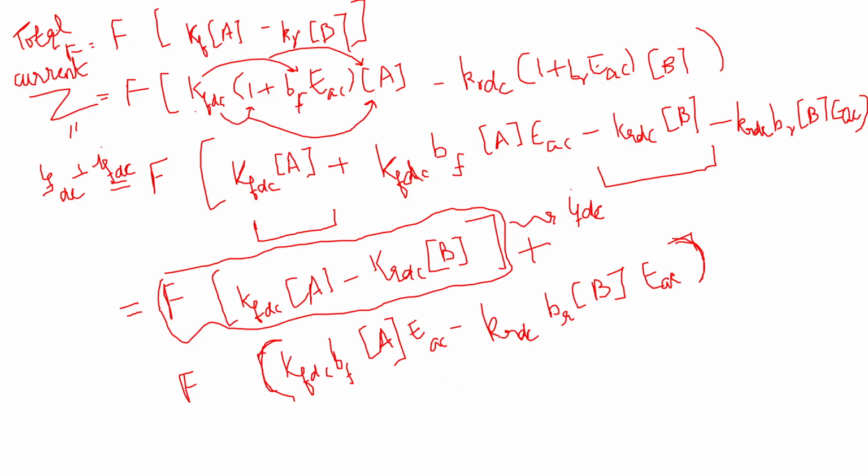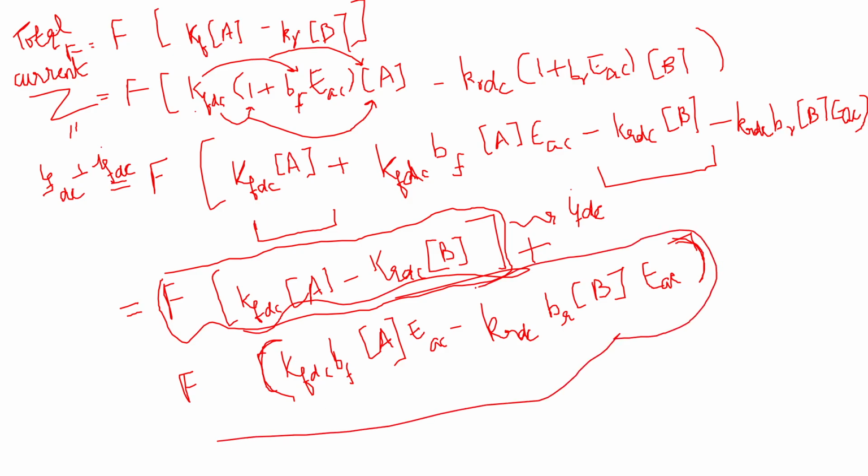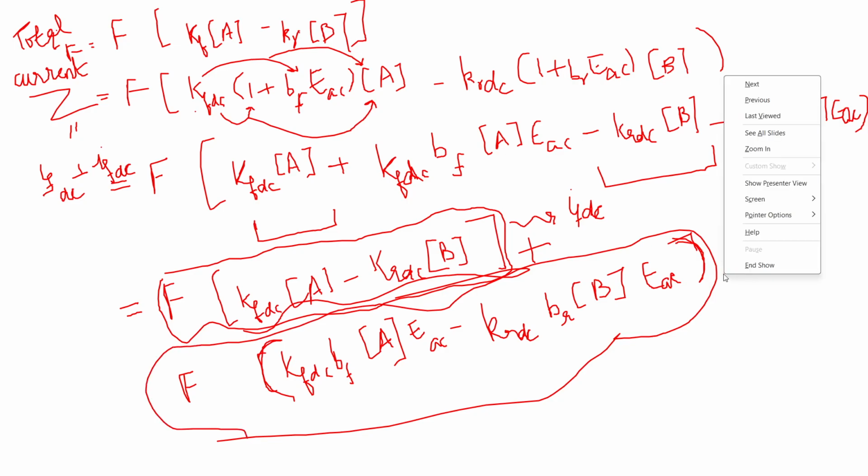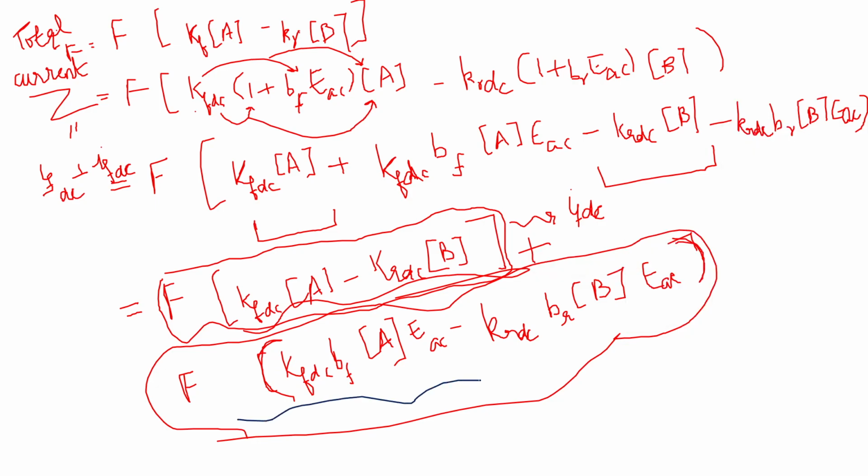So if this full term is equal to DC, we can obviously say this part should be AC, right? So from the total current, I separated IFDC and IAC.